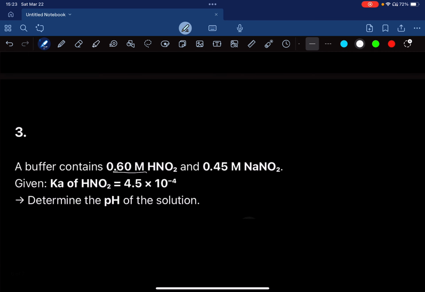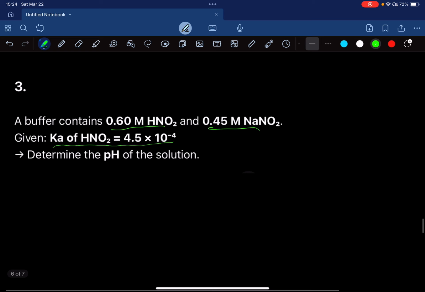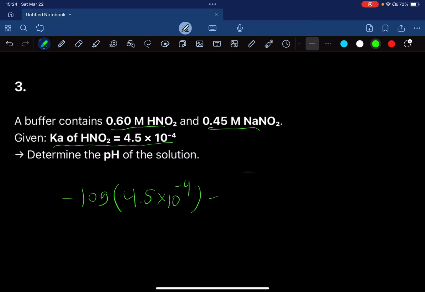We're given the molarity. Let's use a different color. We were given the molarity, we're given the molarity as well, and we're given the acidic constant. If you want to know the setup, I'm not going to solve it, but I'll show you the setup. Negative log of 4.5 times 10 to the power of negative 4 plus log of HNO2 is 0.6 and 0.45.